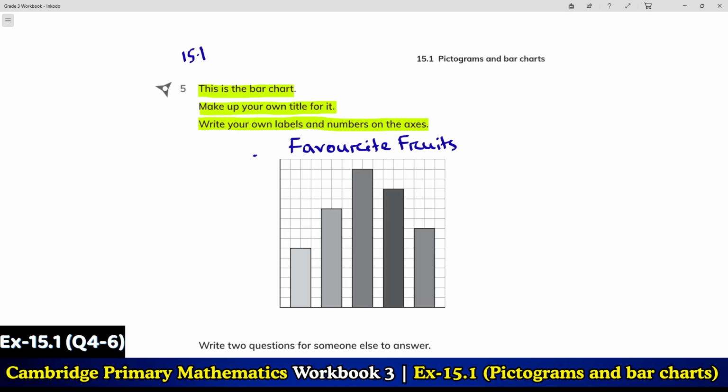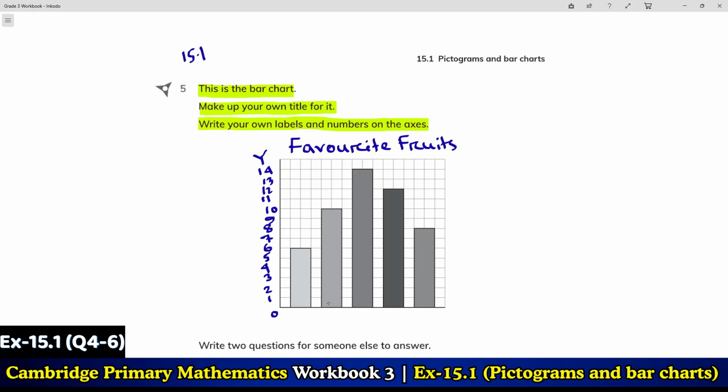And on the y-axis, we can mention the number. It means here is a 0, 1, 2, 3, 4, 5, then 6, 7, 8, 9, 10, 11, 12, 13, and here is 14. Okay, and like we can mention in vertical it's a number, right?